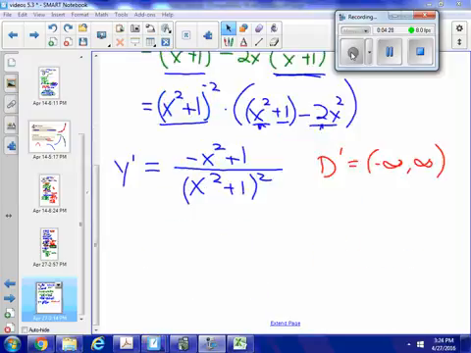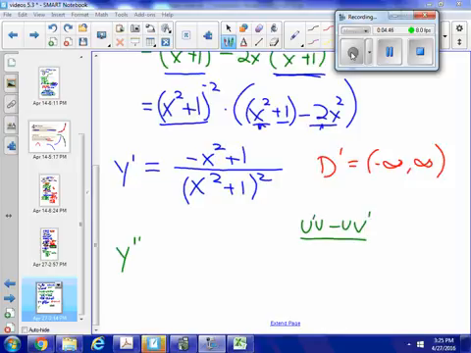Now I need to find my second derivative. So y double prime. I'm going to have to use the quotient rule right now. So I'm going to go u'v minus uv' all over v squared.